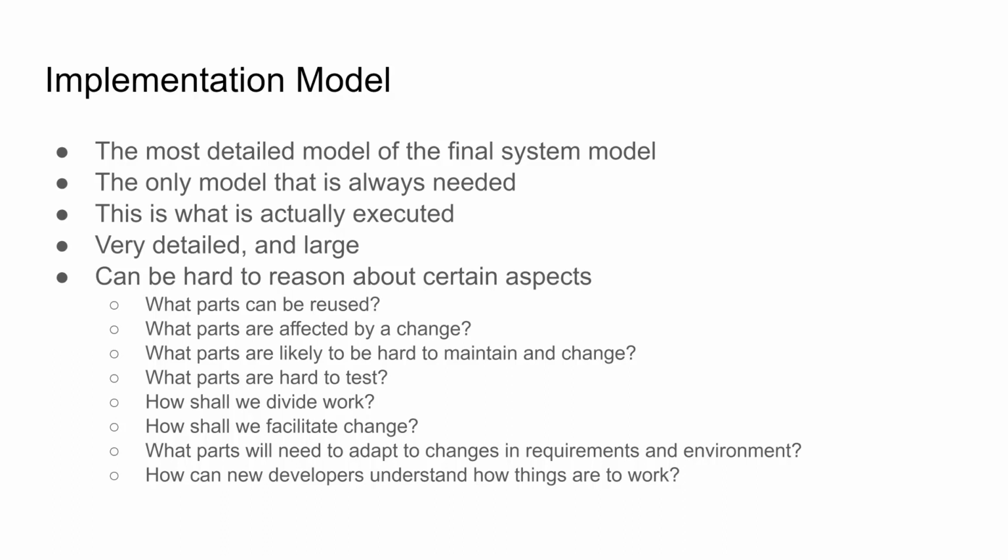What parts will need to adapt if there is a change in our requirements or in the environment? For example, maybe we want to change the operating system of our system, or maybe we want to change the graphical user interface to some other type of platform. Just looking at the source code can be tricky to know what parts will need to adapt. And how can new developers really understand how things are supposed to work?